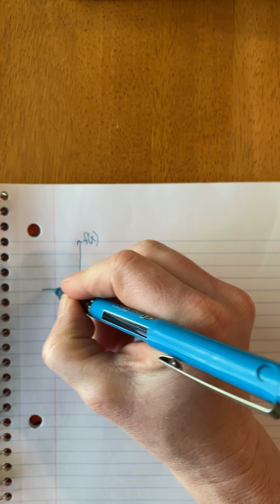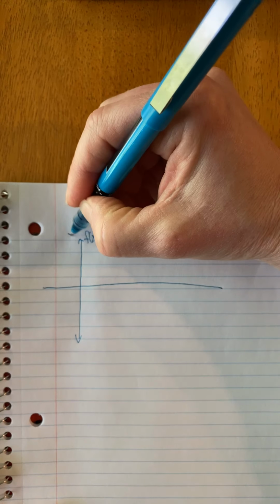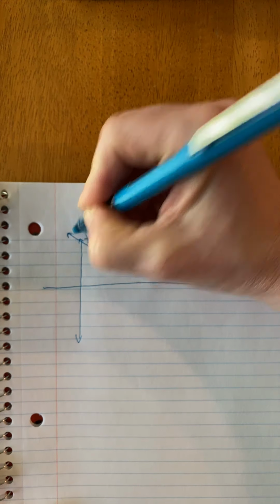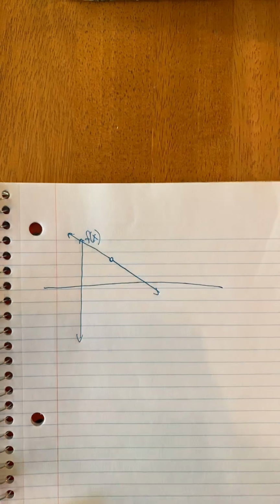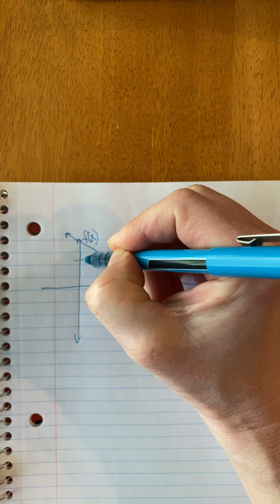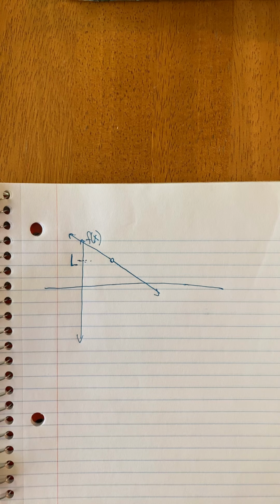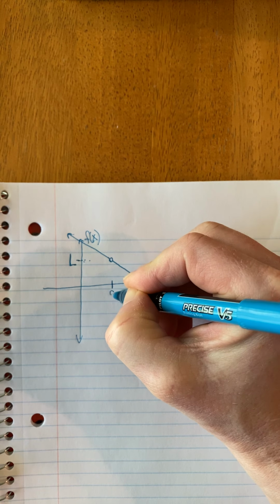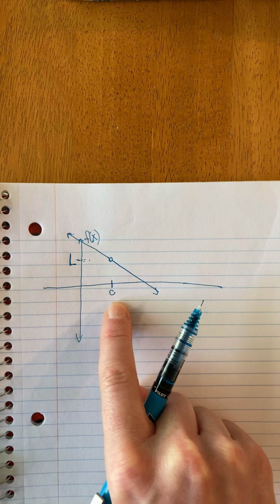Let's say I had some function, and perhaps there's even a hole in the graph. I'm going to make this y value be L, and that's the L that I was referring to in the definition. And this specific x value we'll say is c. L represents some number and c represents some number.